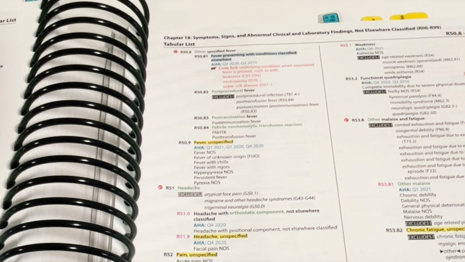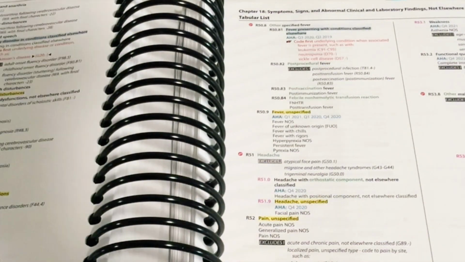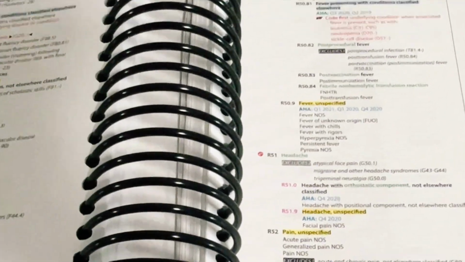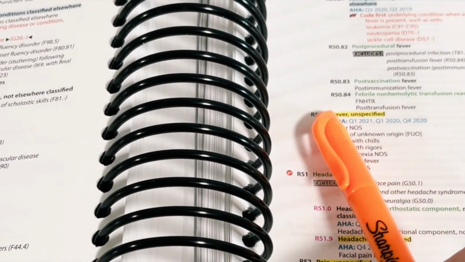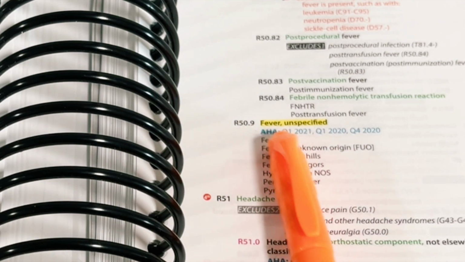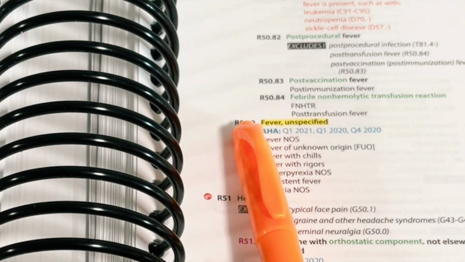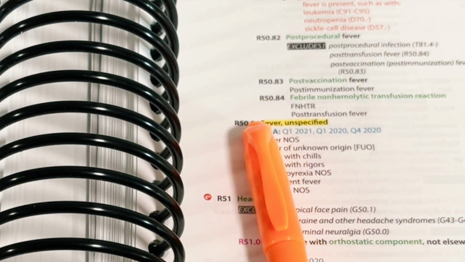So our R50.9 is somewhere here, right? So let's move our book. As you can see, we already found our fever code, and it says R50.9 for fever. So there you have it. The code for fever is R50.9.